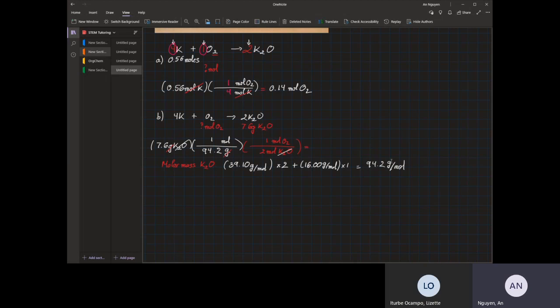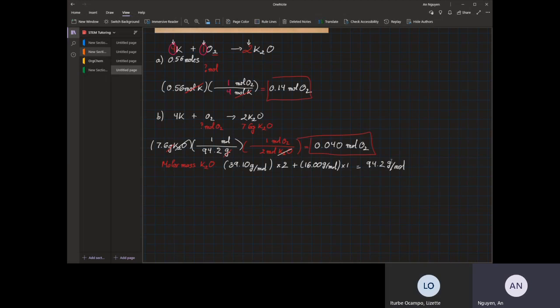So we would have 7.6 divided by 94.2 and divided by 2. So that is 0.040 moles of O2. Does it make sense? Yeah.